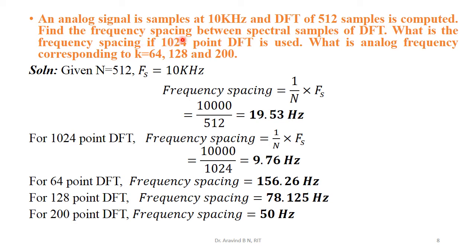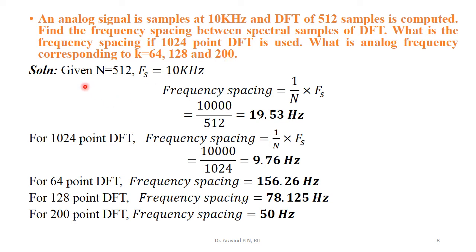Find the frequency spacing between spectral samples of DFT. What is the frequency spacing if 1024 point DFT is used? What is the analog frequency corresponding to k equal to 64, 128 and 200? See, calculate for one case, and in place of that we'll keep substituting these three values. We are going to get the further solution.